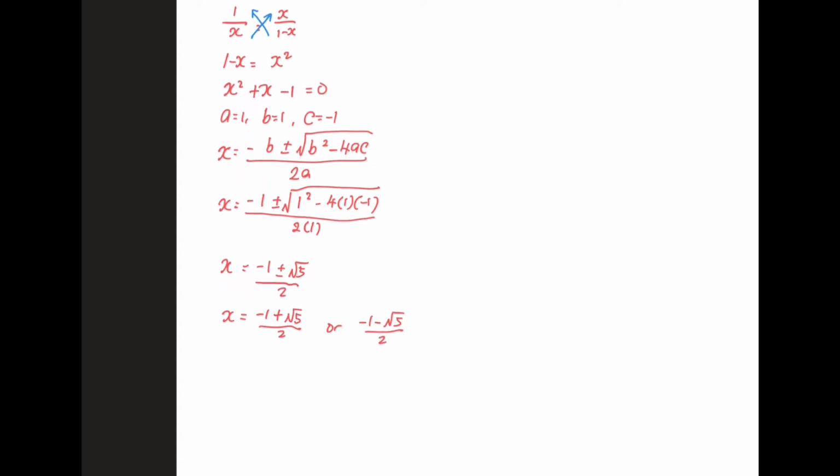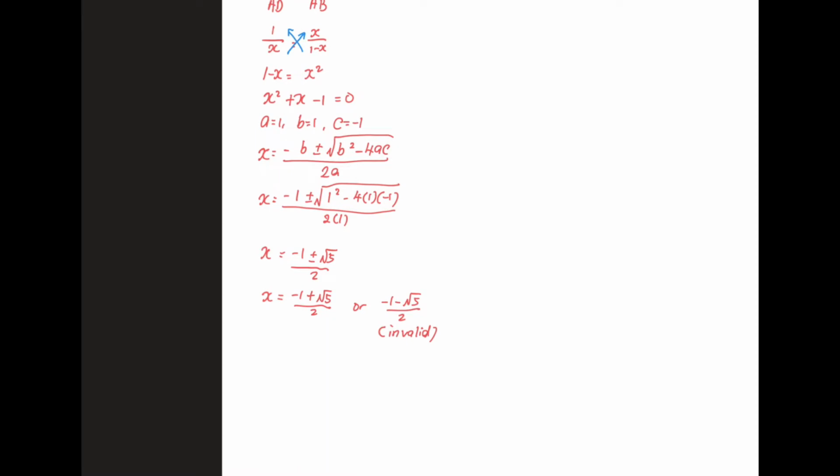This one I say is invalid, as it is a negative number. The x here represents the length of one side of the square, so it must take positive values. So we reject the negative value.